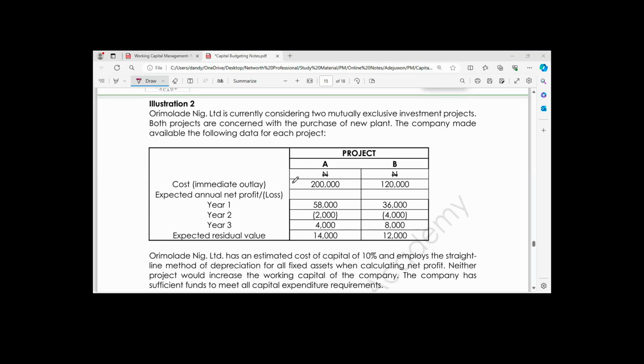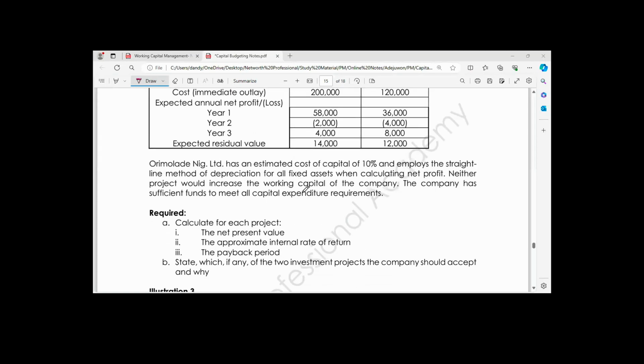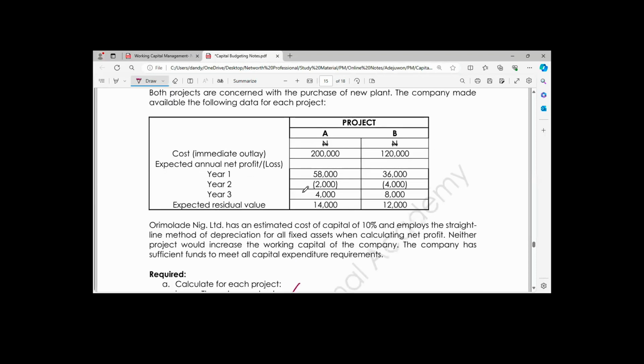You are going to need cash flow to solve for all those techniques. However, when you look at this question, the examiner wants you to calculate net present value, internal rate of return, and then payback period. However, when you look at the financial data given to you, you will notice that the examiner did not provide you with cash flow.